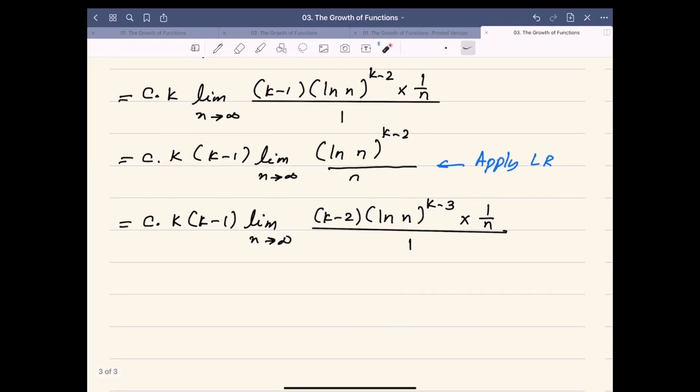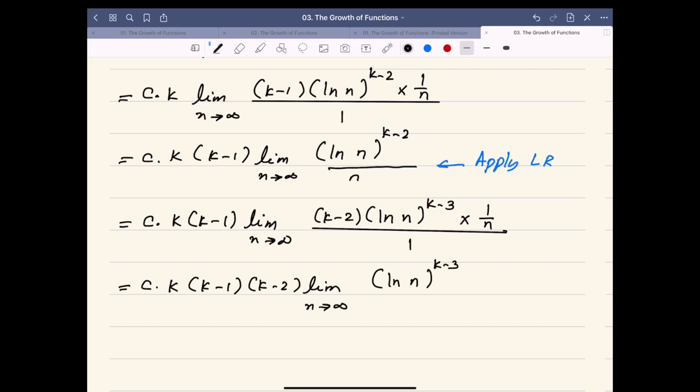Rearrange this equation. This is a constant, you can take it outside. So this is equal to c multiplied by k minus 1, k minus 2, limit n goes to infinity. We will have ln of n raised to power k minus 3, and for this part n will go down, so we will divide this equation by n.